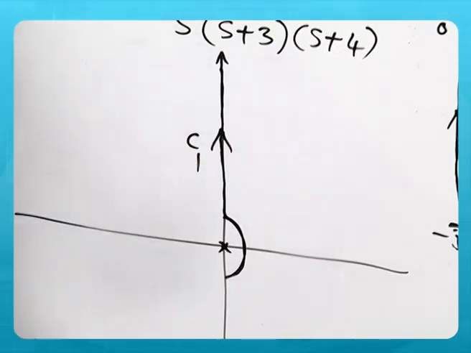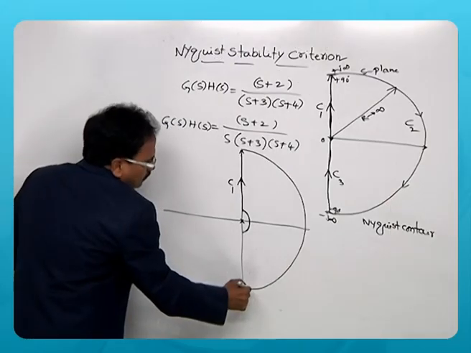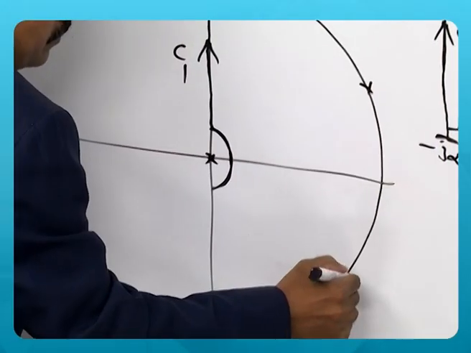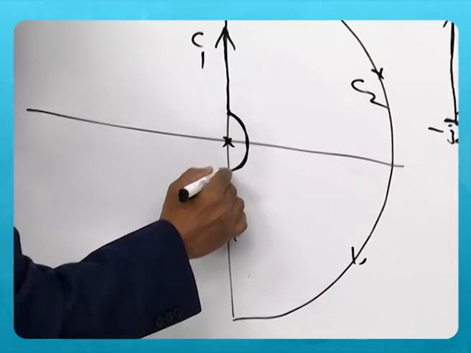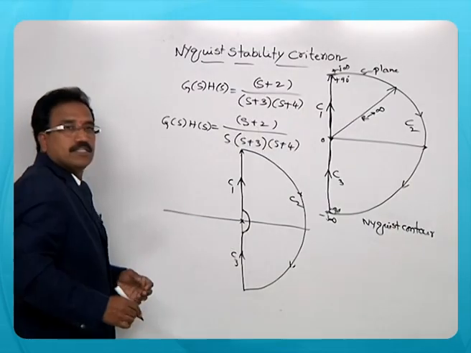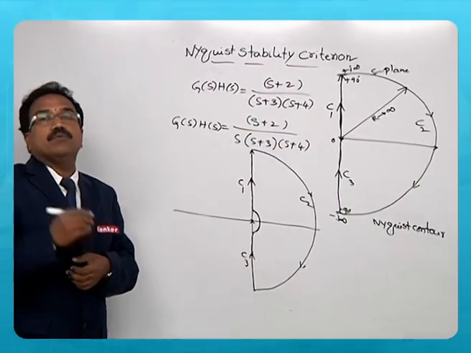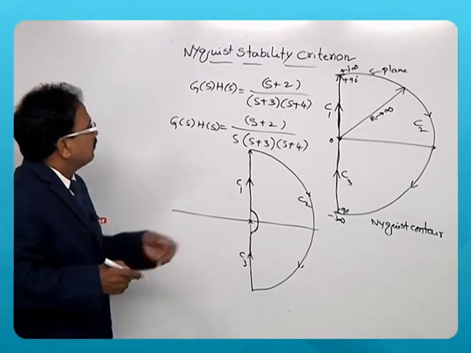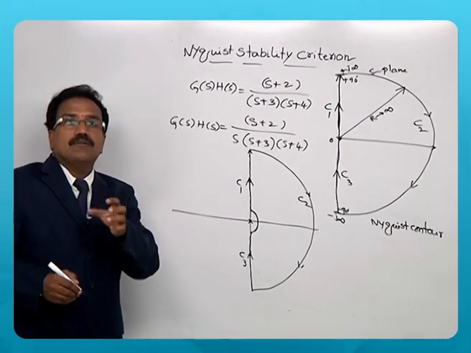Section C1, section C2, and section C3. All these three sections are similar to the example without a pole at origin. But because of the pole at origin, the Nyquist contour has 4 sections.